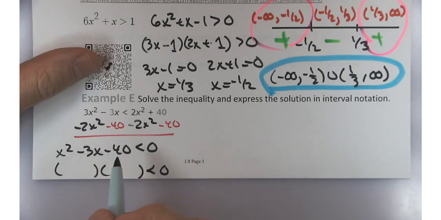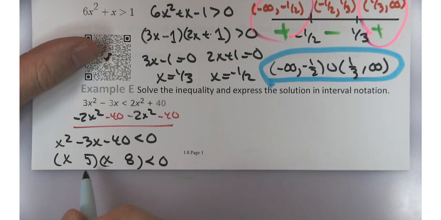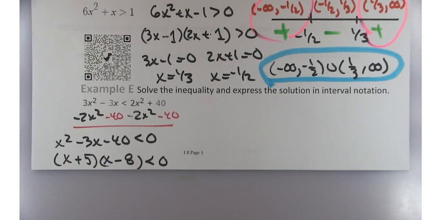Two numbers that multiply to -40 and add to -3. I got 5 and -8. All right. So 5 and 8 probably present themselves as one possibility. The larger of these two has to have that sign. So one has to be positive, one has to be negative to get a -40. So thank you.